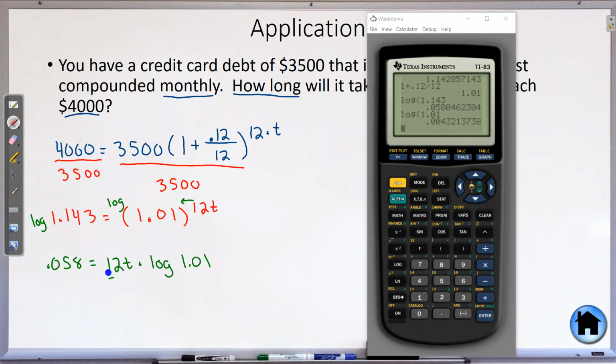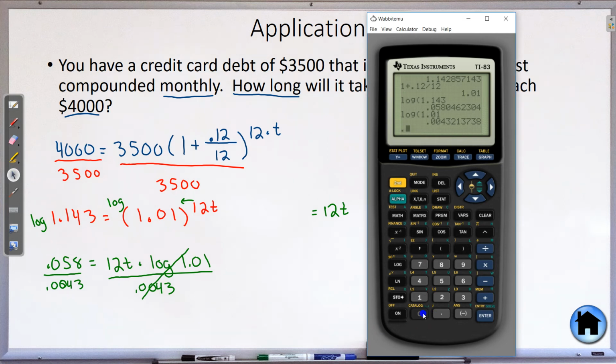What am I going to do here? Well, I'm going to divide both sides by this number right here, 0.0043. And these two are going to cancel out. But of course, if I divide one side, I have to divide the other. So what's left over? 12t is equal to whatever that is right there.